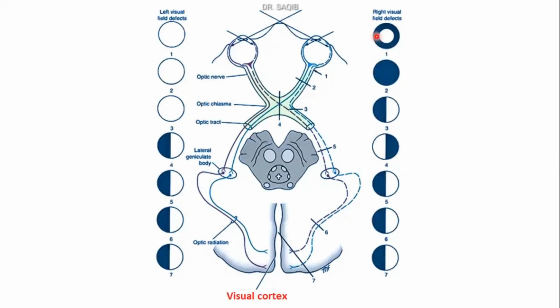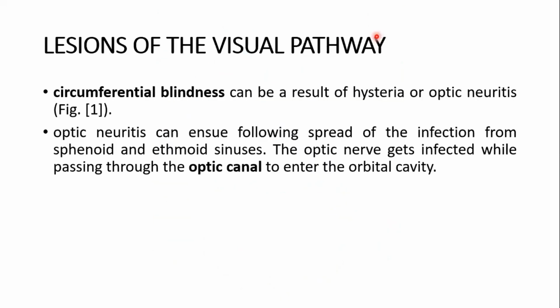Why does it happen? This is a result of hysteria or optic neuritis. Optic neuritis can ensue following spread of infection from the sphenoid and ethmoidal sinuses. The optic nerve gets infected while passing through the optic canal to enter the orbital cavity.